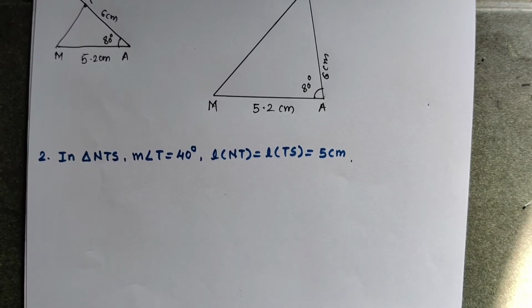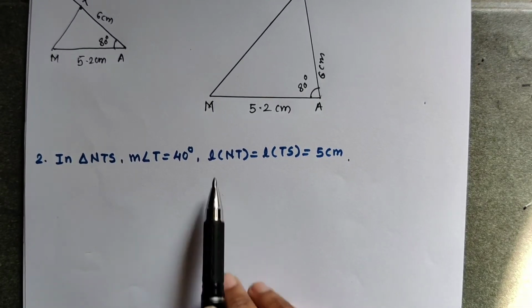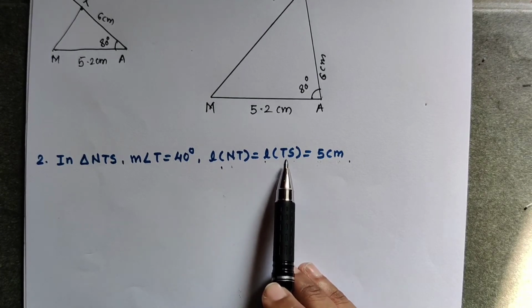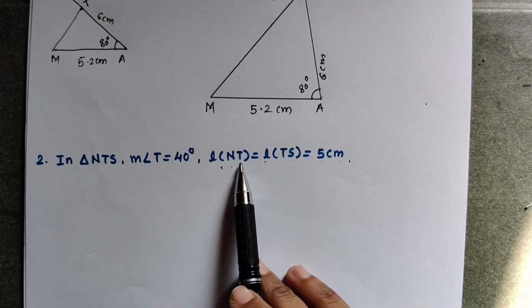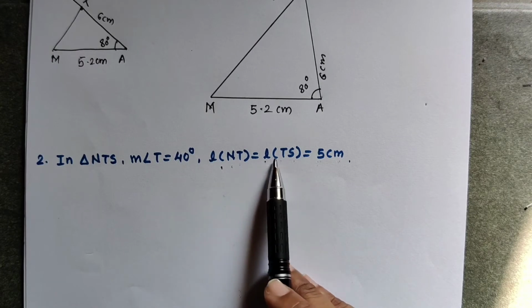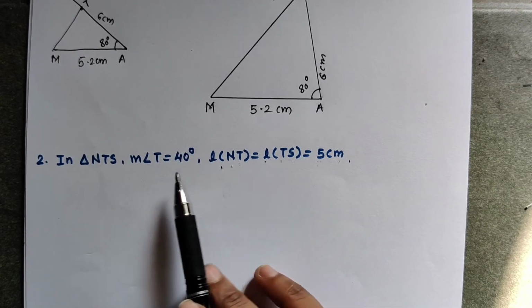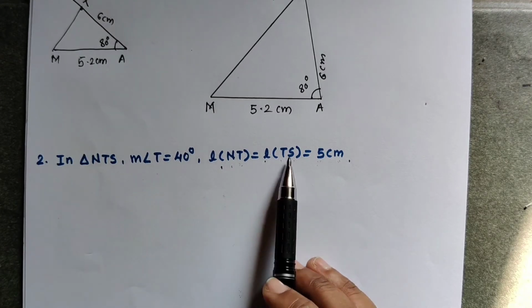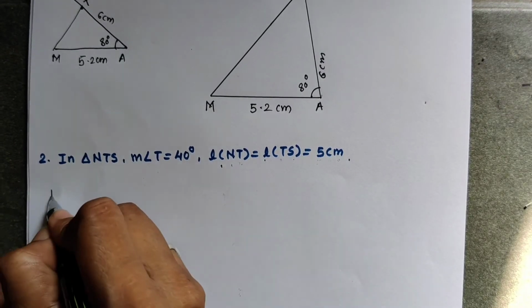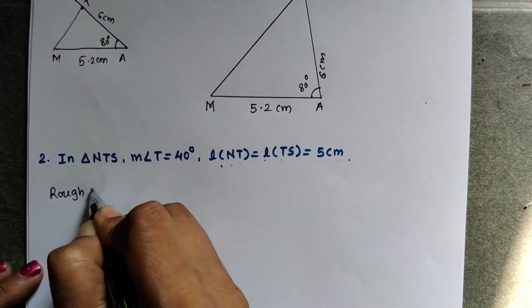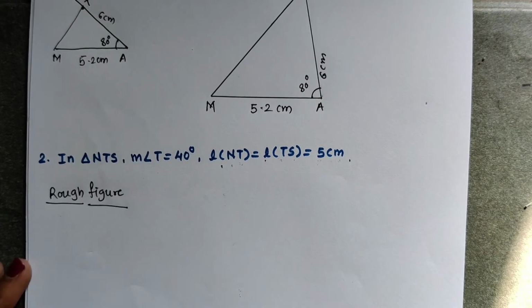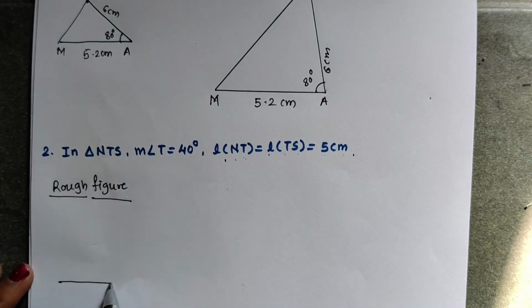To construct the triangle NTS, where NT and TS are 5 cm each. NT is 5 cm and length TS is also 5 cm. We can see T is the common vertex between both these sides, and the measure of angle T is given to us. So we can draw any one side as the base side. So in the rough figure, I am going to draw NT as the base side.